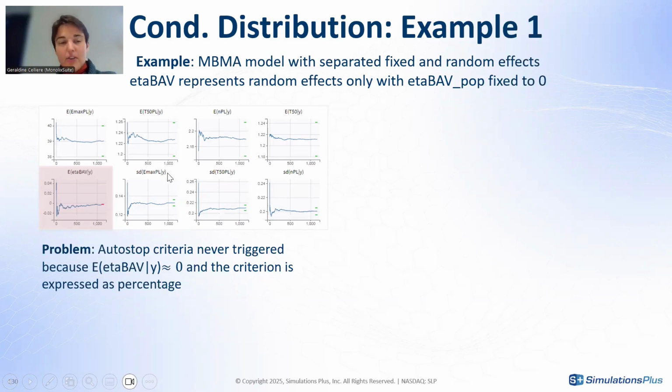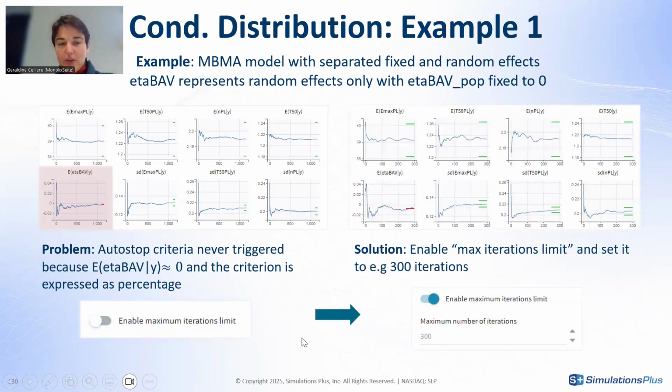So MCMC is running basically forever. That's typically a situation in which we would like to enable stop at a maximum number of iterations without waiting for the criteria to be fulfilled, because the criteria expressed as a percentage is not well applicable to this case. And then you can choose the number of iterations. Usually 300 is enough, but in some cases you may want more.